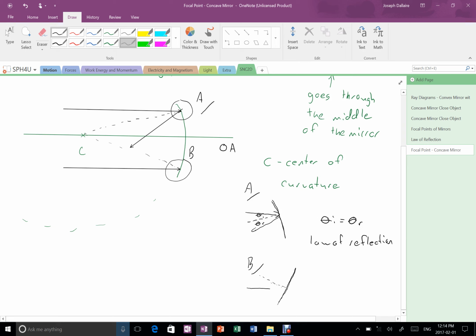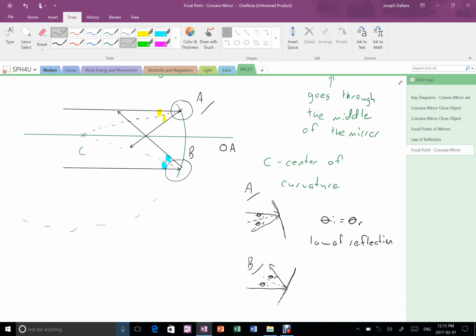So when this ray comes in, the reflected ray, according to the law of reflection where theta I is equal to theta R, is going to reflect somewhere like that. Now to put that on the big diagram, it's going to reflect something like that, where this angle and this angle are the same, and this angle and this angle are the same.